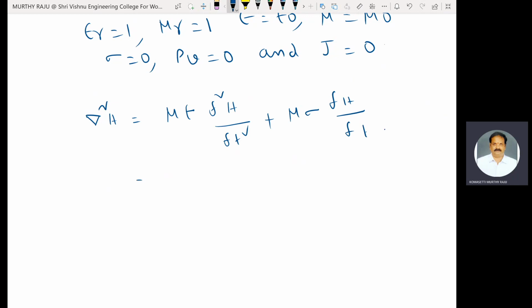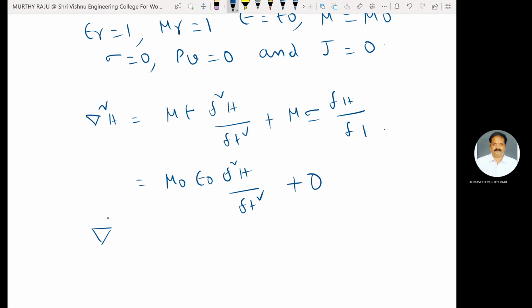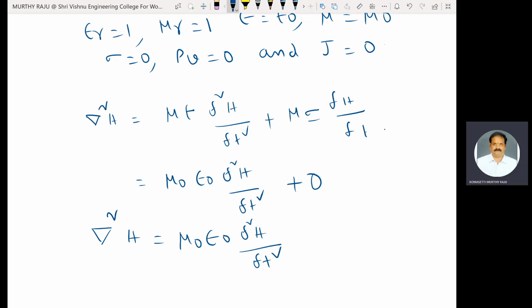For free space, sigma is equal to 0, mu is equal to mu naught, epsilon is equal to epsilon naught. This term is 0. Therefore, del square H is equal to mu naught epsilon naught dou square H by dou t square.